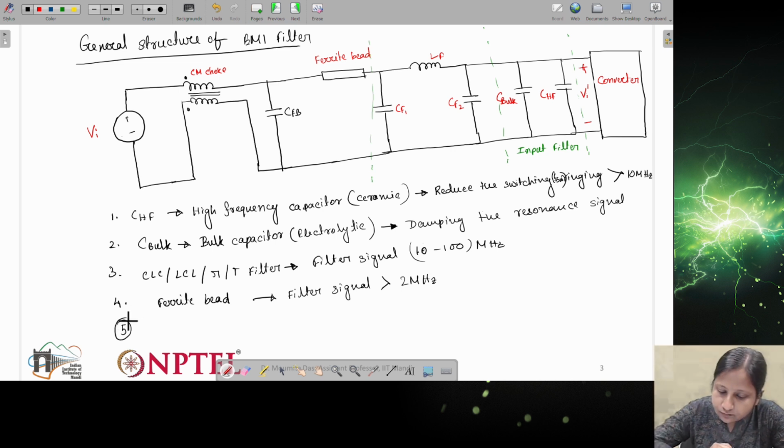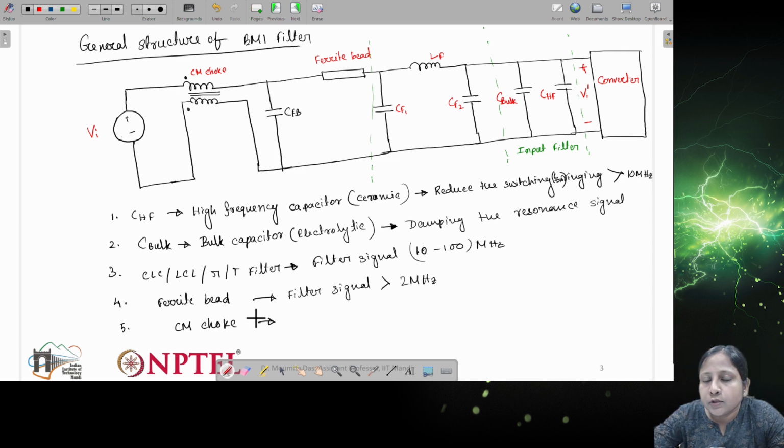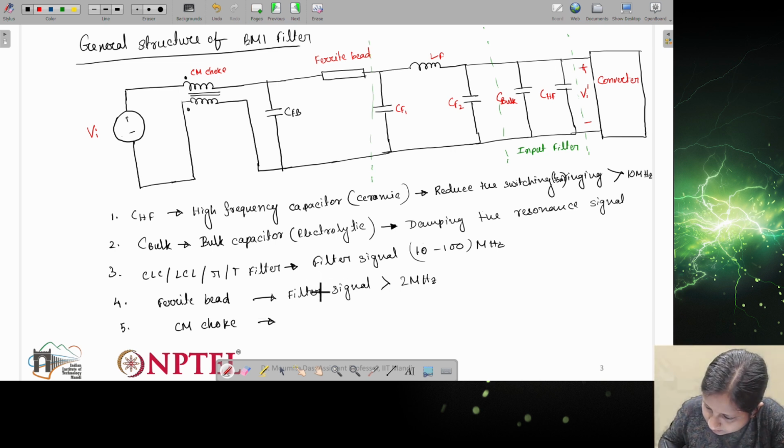Now comes the CM choke part. So this CM choke, what it does, it filters the common mode noise between 10 to 100 megahertz.